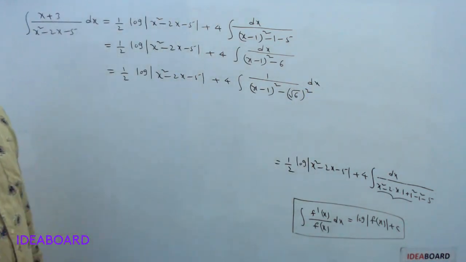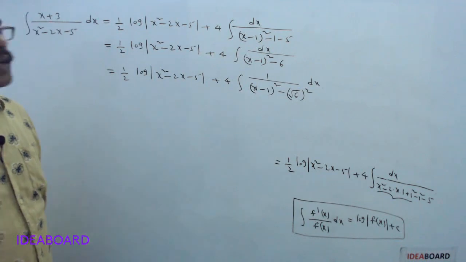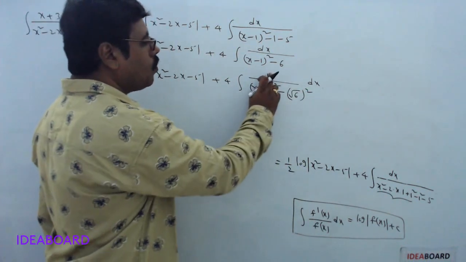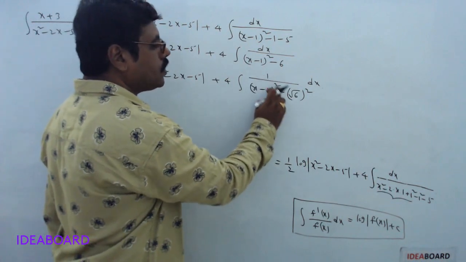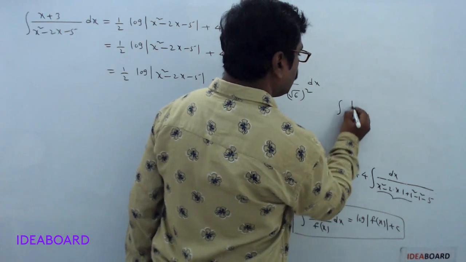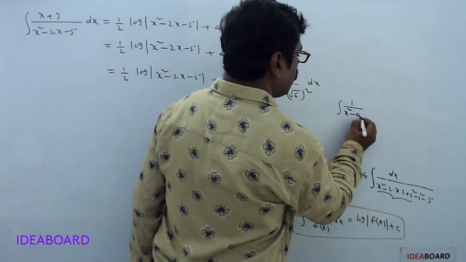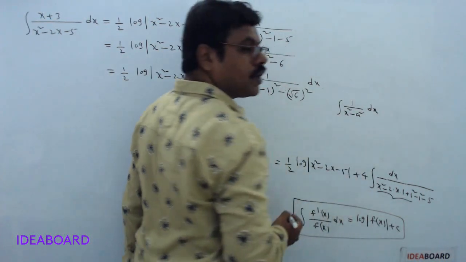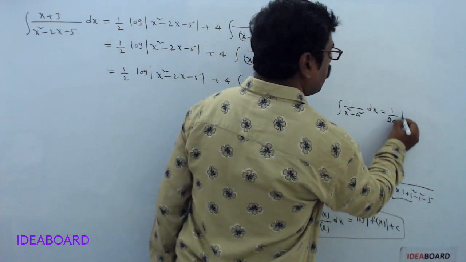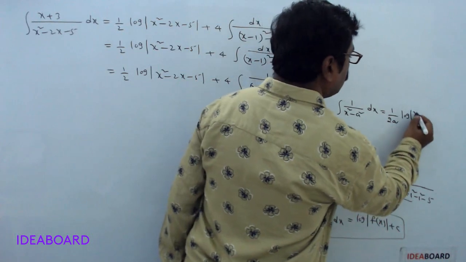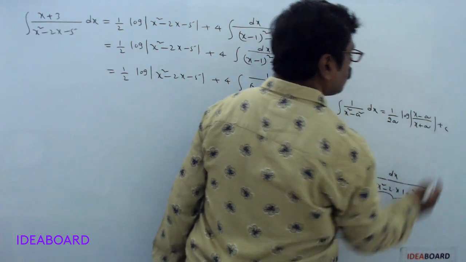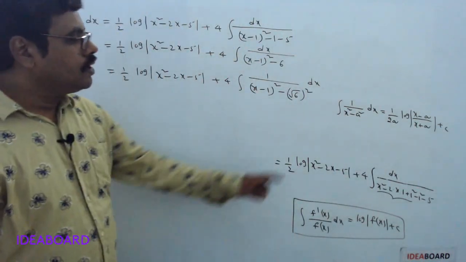Now if you observe the second term, it is of the form ∫ 1/(x² − a²) dx. Now see that formula, ∫ 1/(x² − a²) dx. What is this formula? 1/(2a) × log|(x − a)/(x + a)| + c.